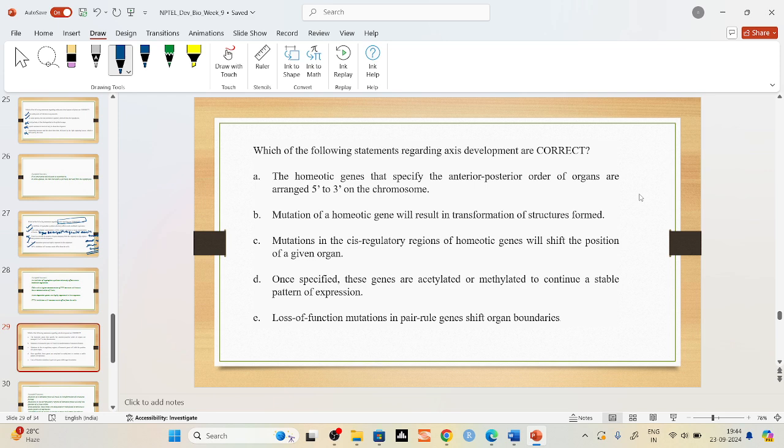Read all the options. You must have studied about homeotic genes. We have also discussed this topic a lot in the class. And in this week's lecture also there was again some portion about homeotic genes.